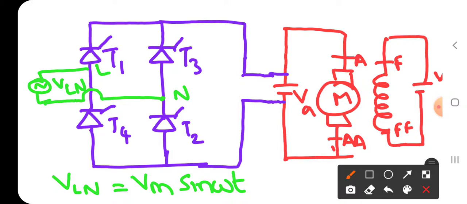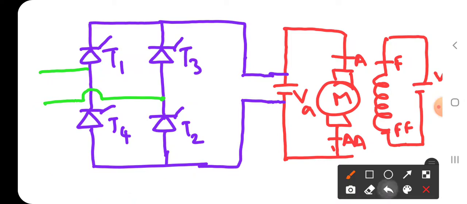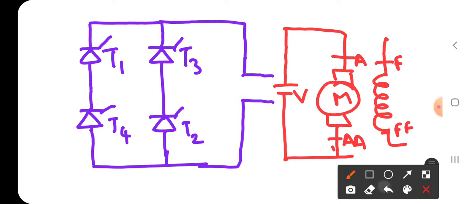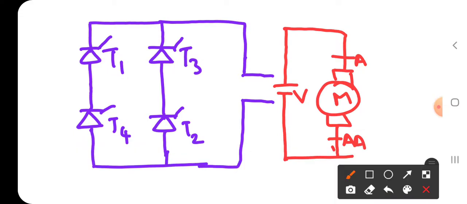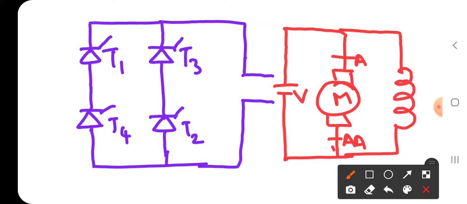If they ask you to explain the single phase fully controlled converter fed self excited DC motor, or shunt motor, then you need to change the circuit diagram, with the field connected like this.